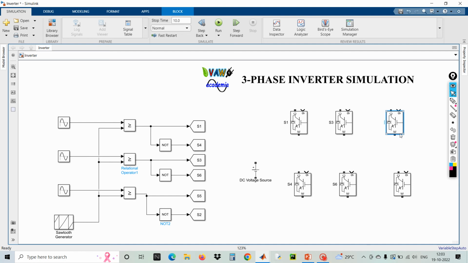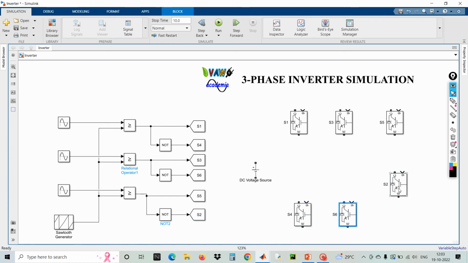And another pair is S5, and the inverse of S5 is S2. Now you simply connect the switches accordingly. It will create a three-phase inverter circuit.